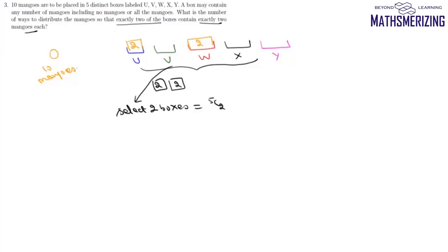Now we are left with 3 boxes and 6 mangoes. Now we need to distribute these remaining 6 mangoes in 3 boxes so that no box should have 2 mangoes. Because in the question it clearly says exactly 2 of them contain exactly 2 mangoes.